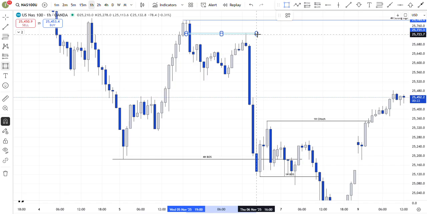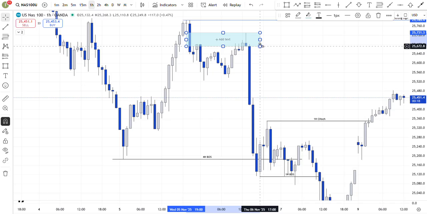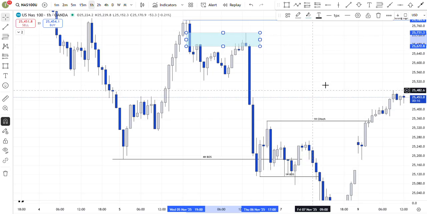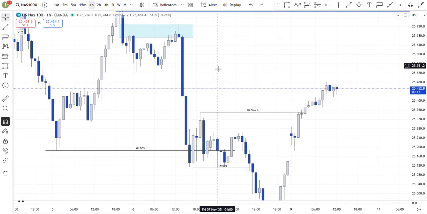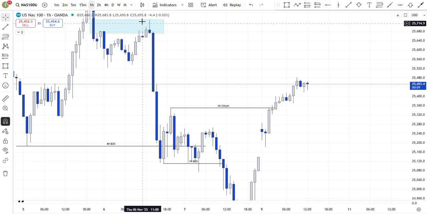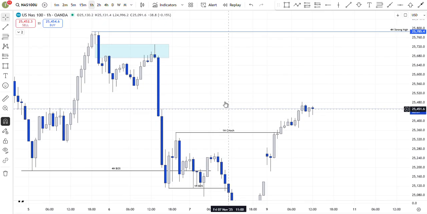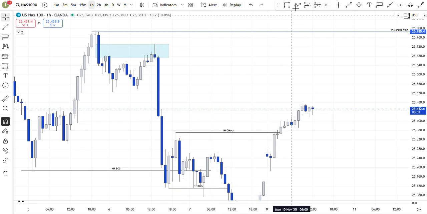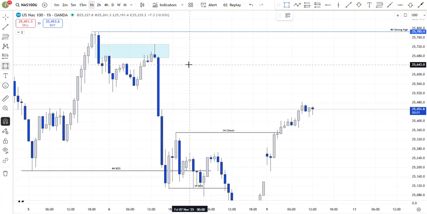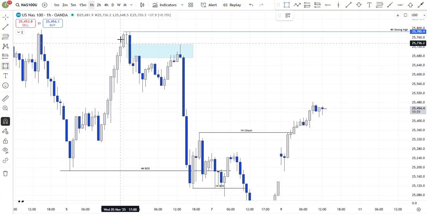So if I drag this across, we can see price then eventually came up to this level here. So we had that gap in price within there. Then because this price then ran down, we have a lot of free space in between these levels. So I can then look to see, is there an area of interest within this zone?